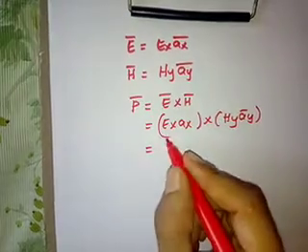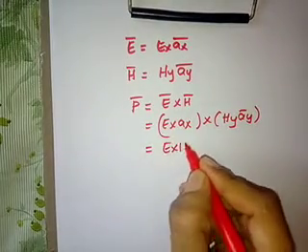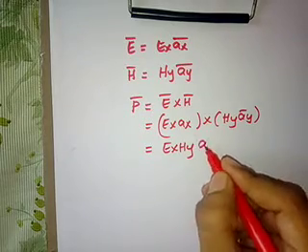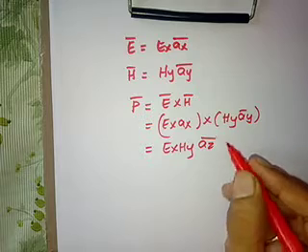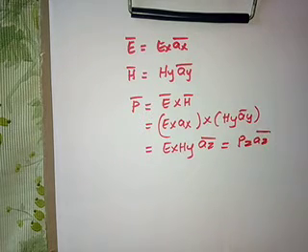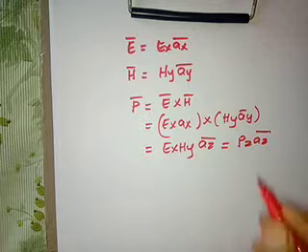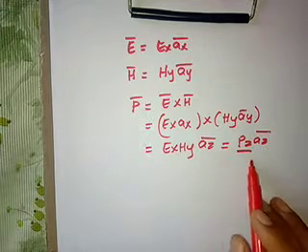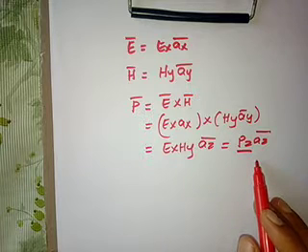So this is Ax cross Ay, that is Az bar. Ax cross Ay is Az bar, so this is Pz Az bar, right? Here P bar is what? P bar is the Poynting vector. So Ex, Hy and Pz are mutually perpendicular to each other.